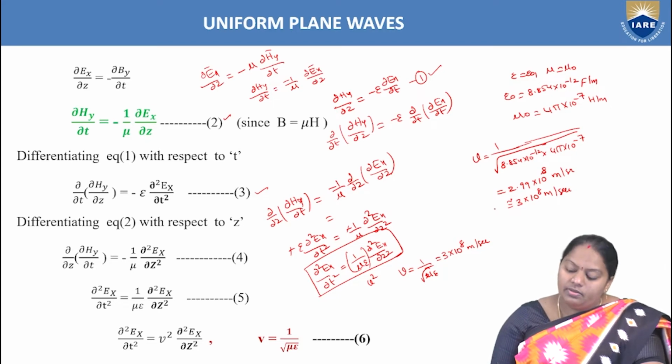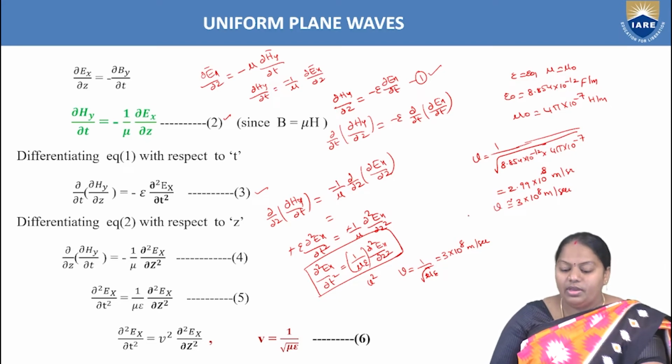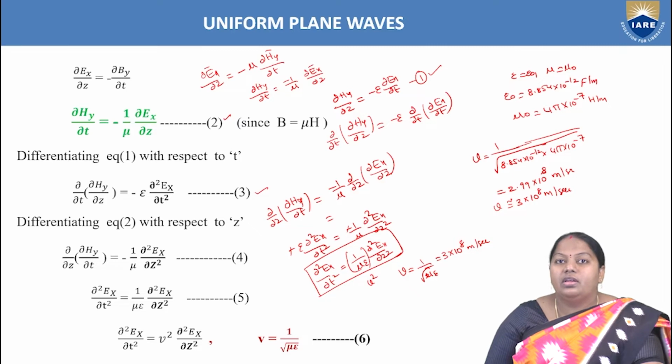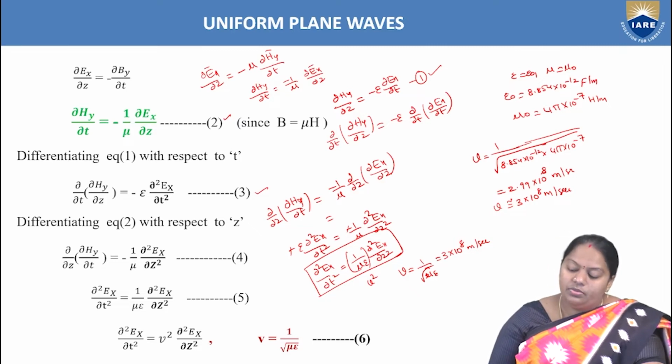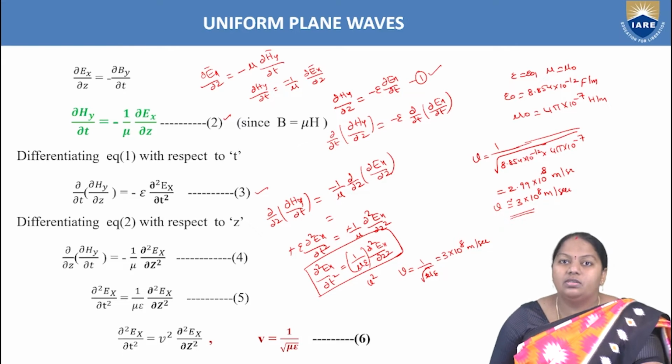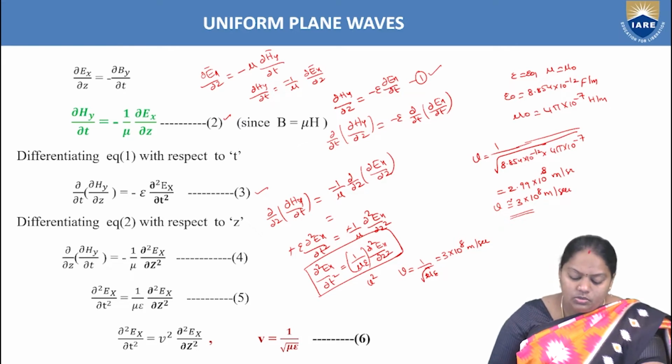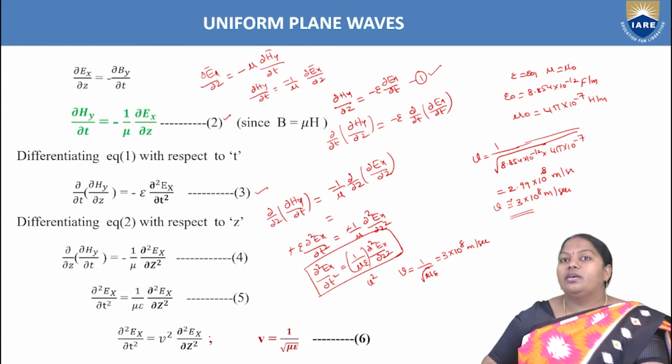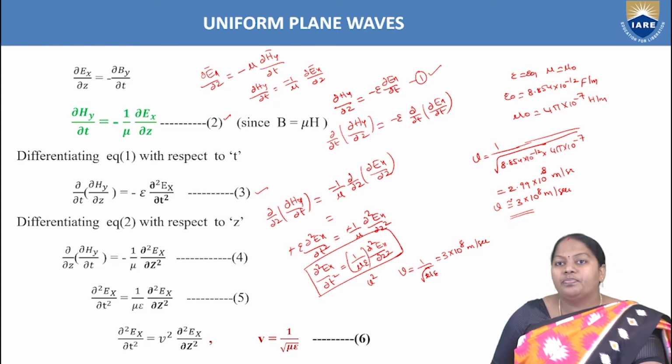Right? So this is the way the velocity of an electromagnetic wave in free space medium is obtained as 3 into 10 power 8 meters per second. So this is the wave equation: ∂²Ex/∂t² equals v² into ∂²Ex/∂z², called the uniform plane wave equation or electromagnetic wave equation.